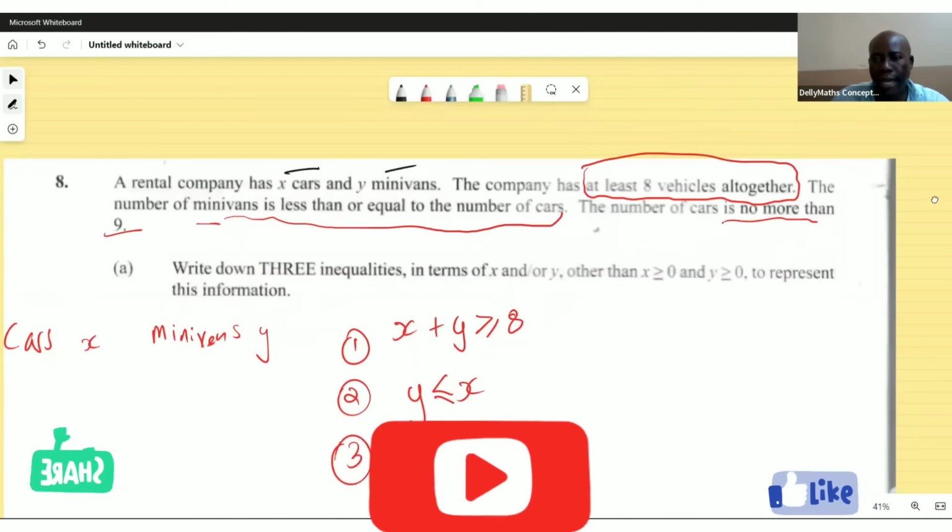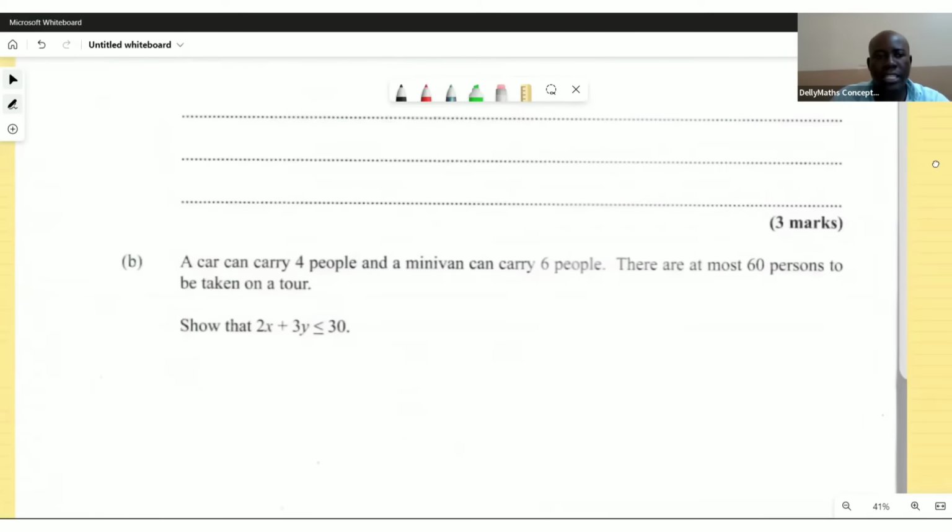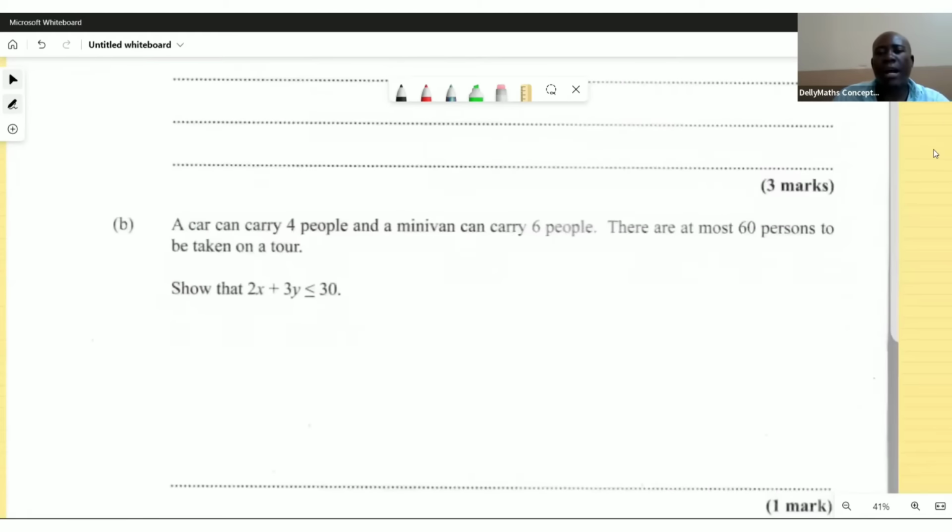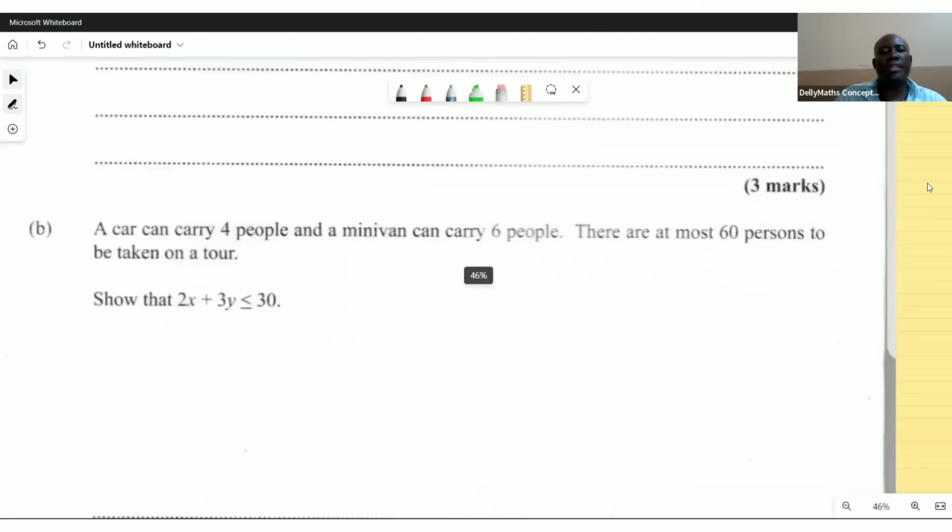All right, so let's move on to the next question. It says a car carries 4 people and a minivan carries 6 people. Car is X, minivan is Y. There are 60 people to be taken on a tour. Show that 2X plus 3Y must be less than or equal to 30.